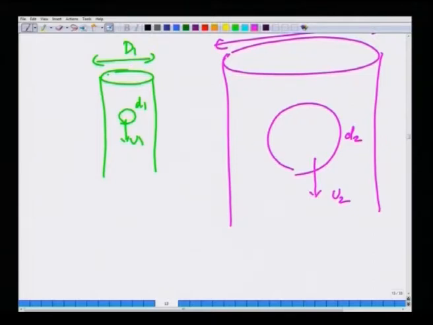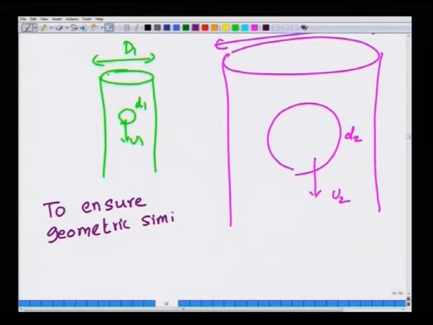So, to ensure geometric similarity, all the length scales must have the same ratios. That is, you should have small d1 by capital D1 equal to small d2 by capital D2. That is, the ratio of the diameter of the sphere to the diameter of the pipe through which it is moving should be the same for both system 1 and system 2.